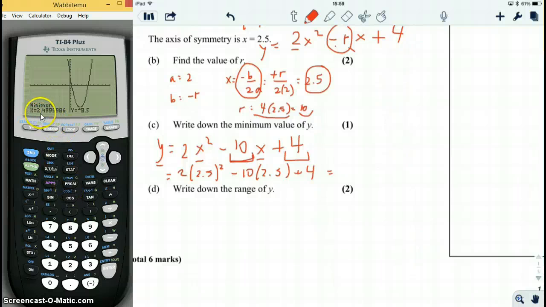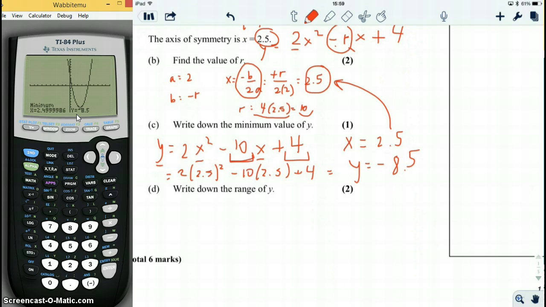It says that the answer is 2.49999, which is basically 2.5, and y equals negative 8.5. So when x equals 2.5, which agrees with the value that they gave us up here, y equals negative 8.5.